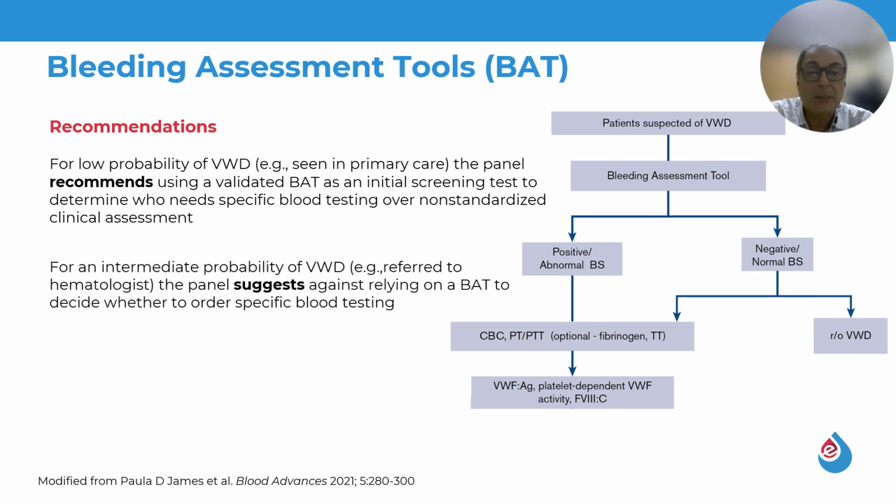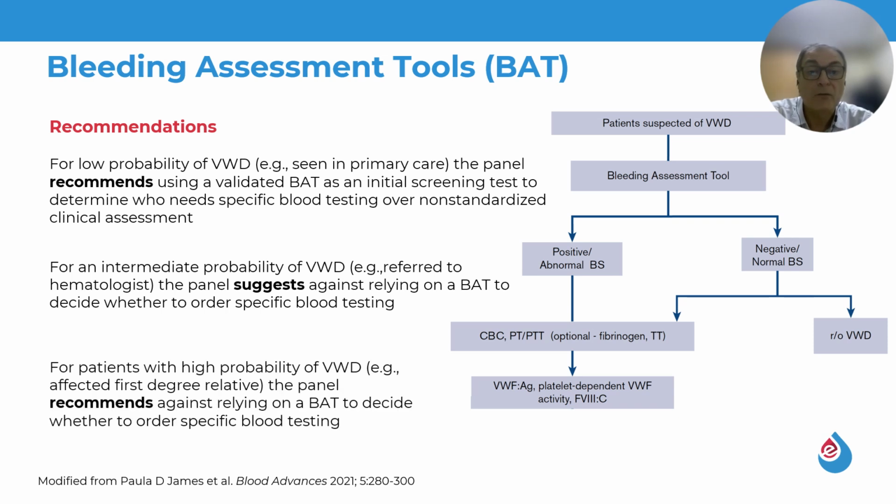For intermediate probability of von Willebrand disease, for example, patients who are referred to the hematologist, the panel suggests against relying on the BAT to decide whether to order specific blood testing. For patients with high probability of von Willebrand disease, for example, patients who have an affected first-degree relative, the panel recommends against relying on the BAT to decide whether to order specific blood testing.